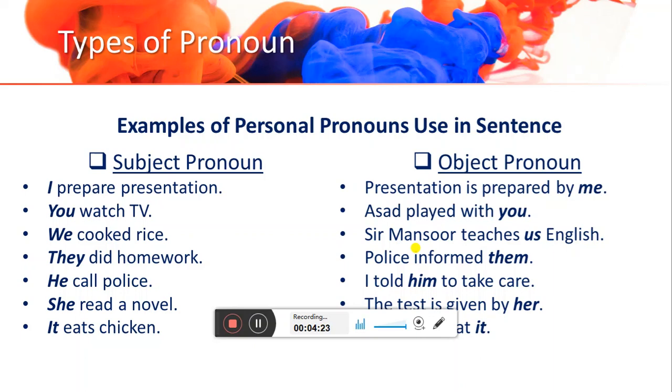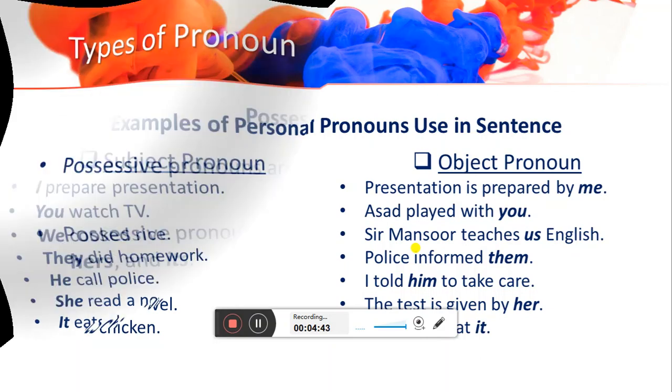The test is given by her. They beat it. So in these sentences, me, you, us, them, him, her, and it are used for objects, and these are pronouns, so we call them object pronouns. And subject and object pronouns are types of personal pronouns.